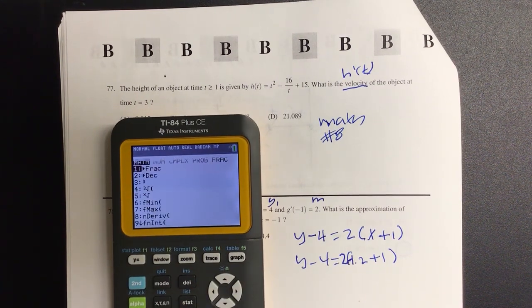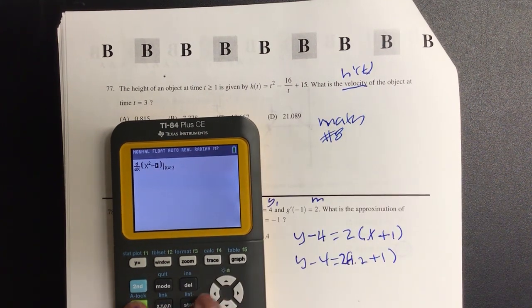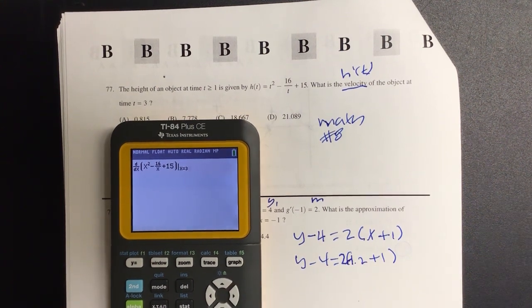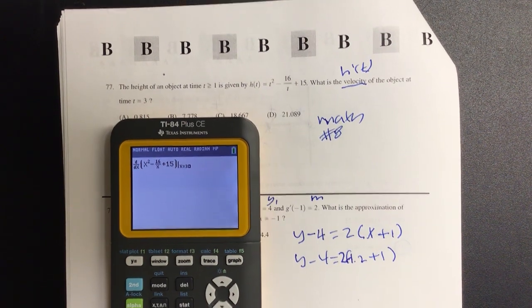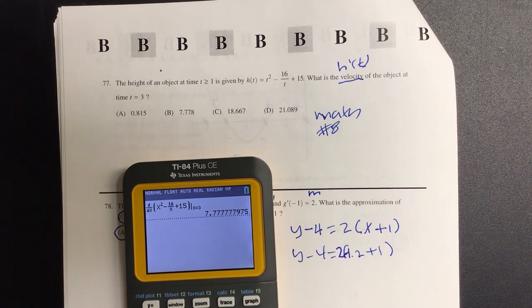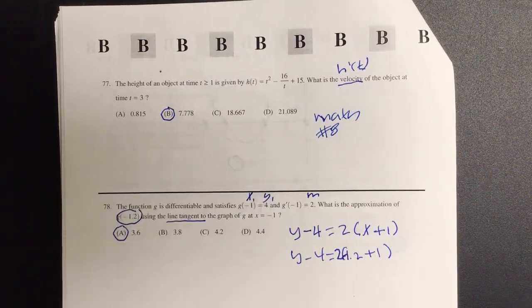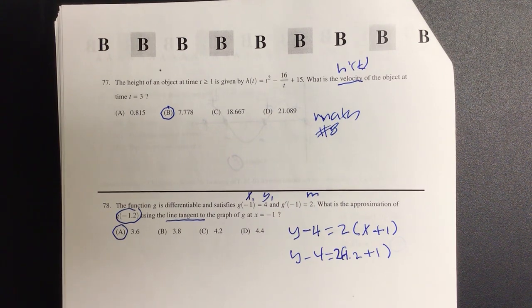Math 8 gives me the derivative, always with respect to x, and just plug that in. x squared minus 16 over x, plus 15, and the value of x is given to be what number? 3. And then you press enter. Okay, which answer choice? B it is. So do not miss one of these, okay?